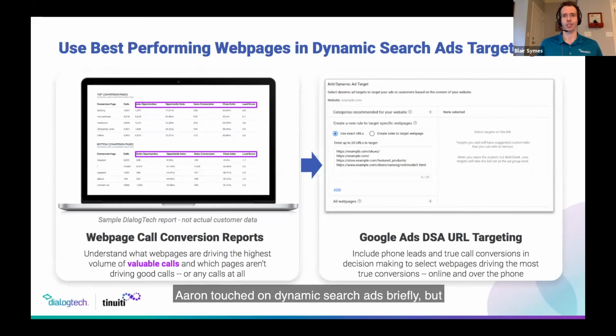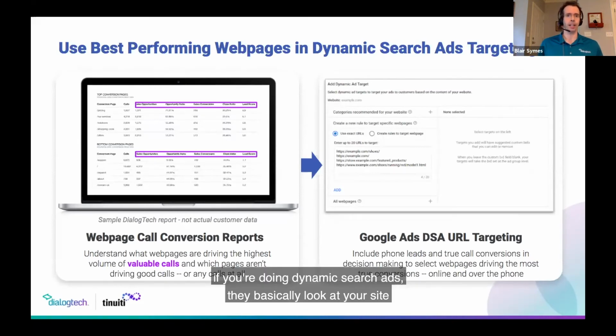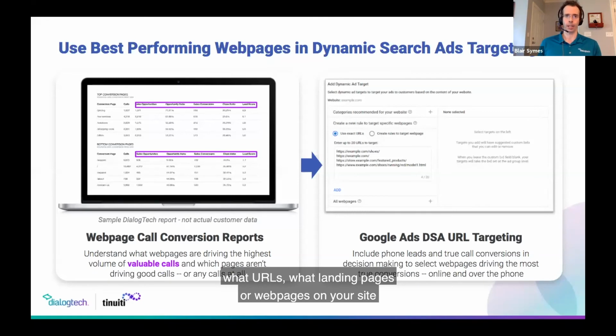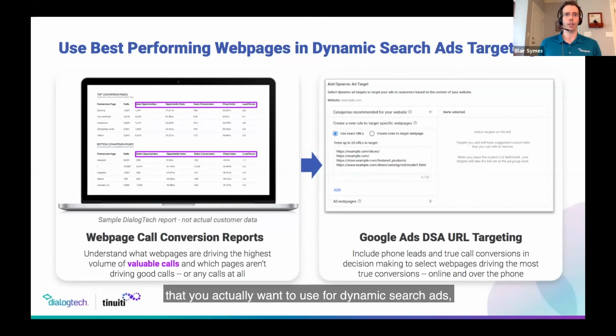Aaron touched on dynamic search ads briefly, but if you're doing dynamic search ads, they basically look at your site and pull out the keywords, the headlines, the landing pages based on the content there, and they do some of that automation and messaging and bidding for you based on that. So one thing you can do is tell Google what URLs, what landing pages or web pages on your site you actually want to use for dynamic search ads.